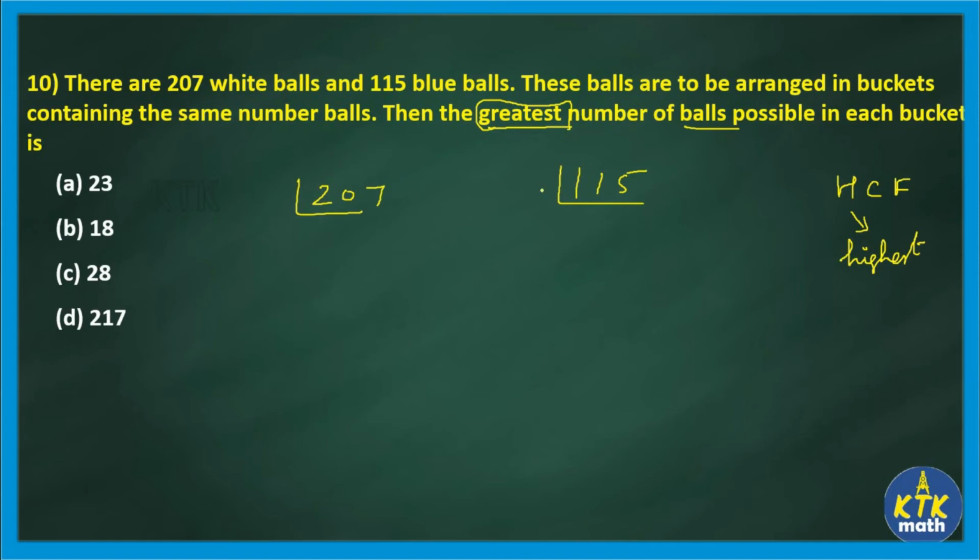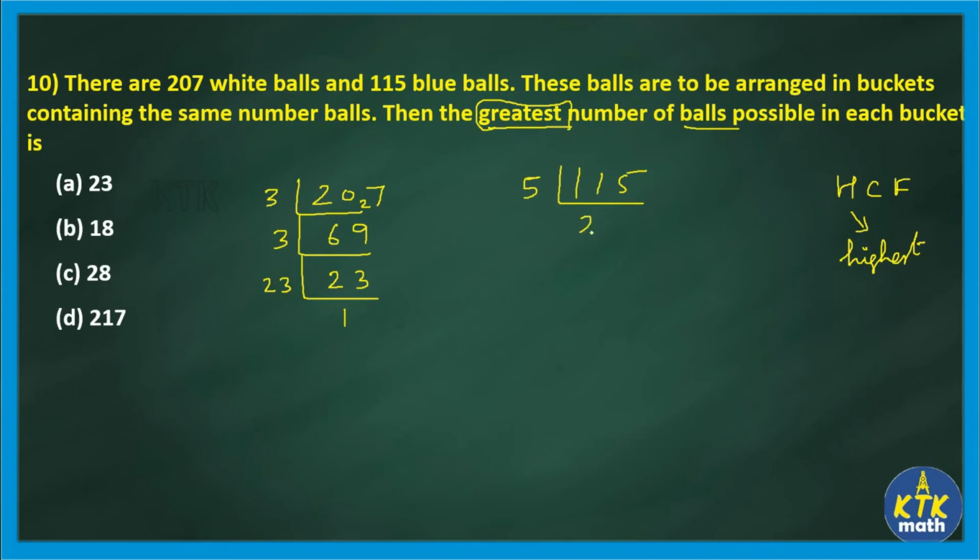So 207 and 115. Here 207, I can start with the 3 table. 6 threes are 18, remaining 2. 9 threes are 27. So again I can start with the 3 table. 23. So 23 is a prime number, so directly you can write it as 1. In the same way, 115 I can start with the 5 table, because whenever your number is ending with 5 or 0, always you can go with the 5 table.